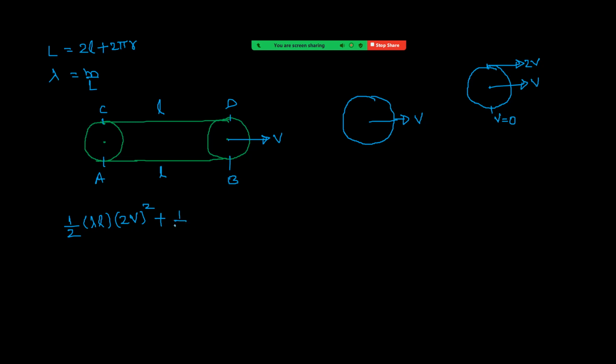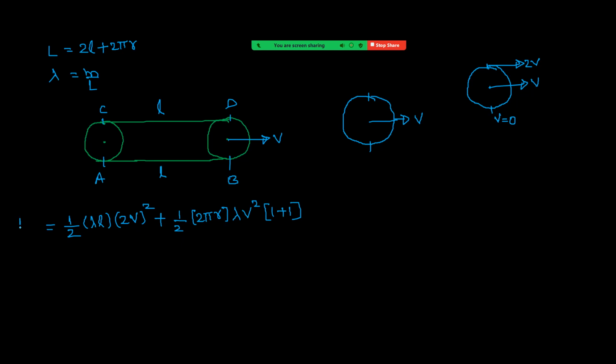Writing the same here, half. The length is pi r, this also pi r, so total length is 2 pi r into lambda, that is now the mass of that ring. This is half part AC, half part BD. Half m v square into 1 plus beta, for a ring beta value is 1. I hope you are getting this point.